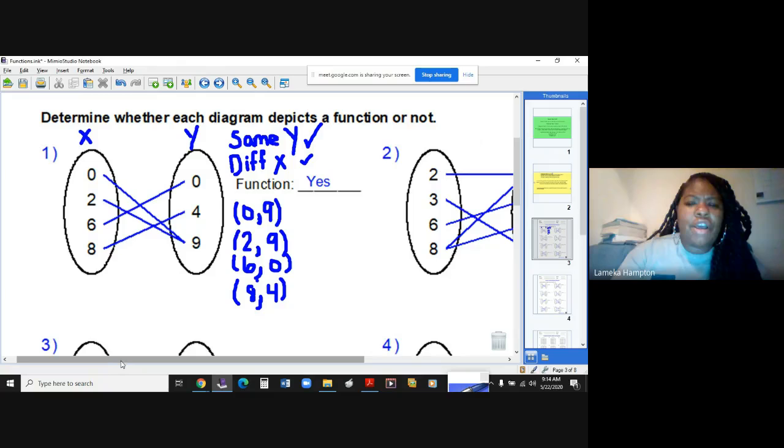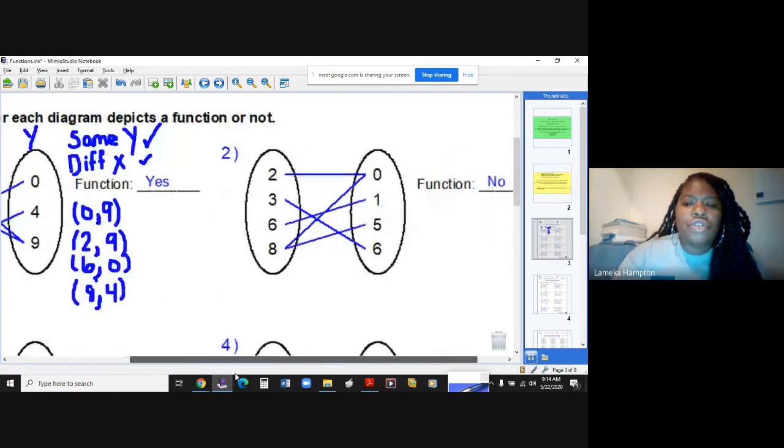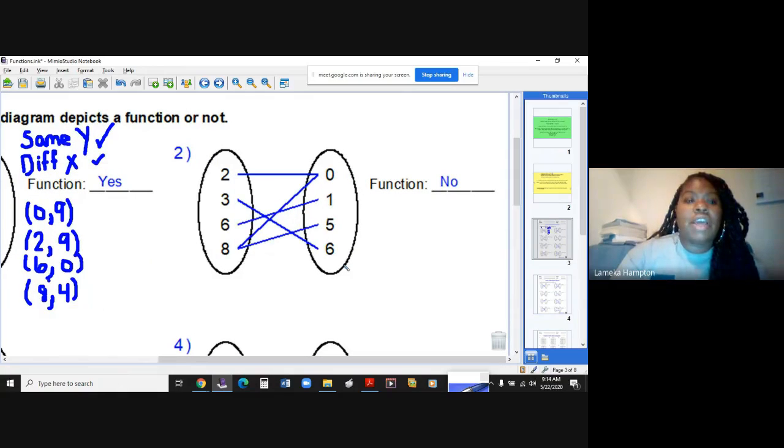However, if we skedaddle on to number 2, you're going to see that number 2 is not a function. So again, I am going to write these numbers out as an ordered pair or coordinate, so that way you can see how it is presented. I have 2, 0. Okay, so I want you to see my cursor.